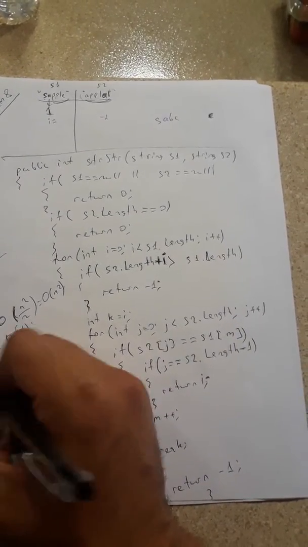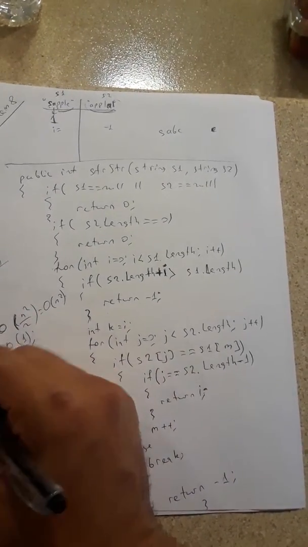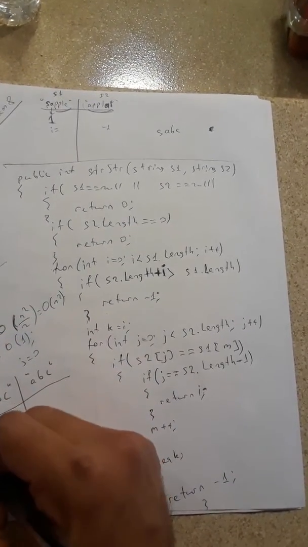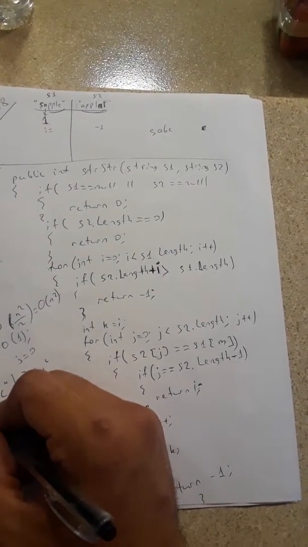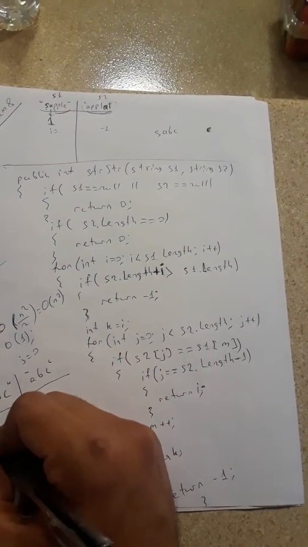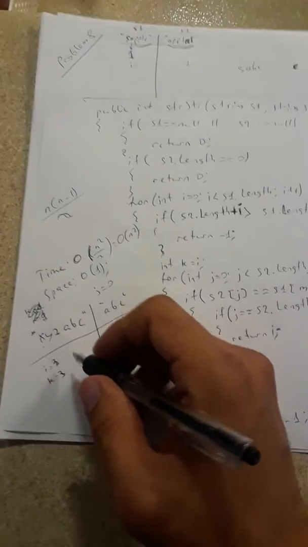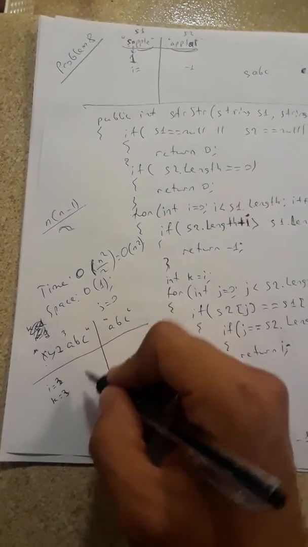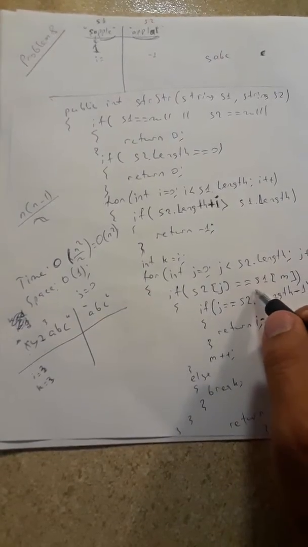i will be equal to 1. Again, they're not equal, so our i and k will be equal to 2, which is z, so they are not equal again. Then we'll skip it and go to i equal to 3, which is a, and from that point we see that they're equal to each other.